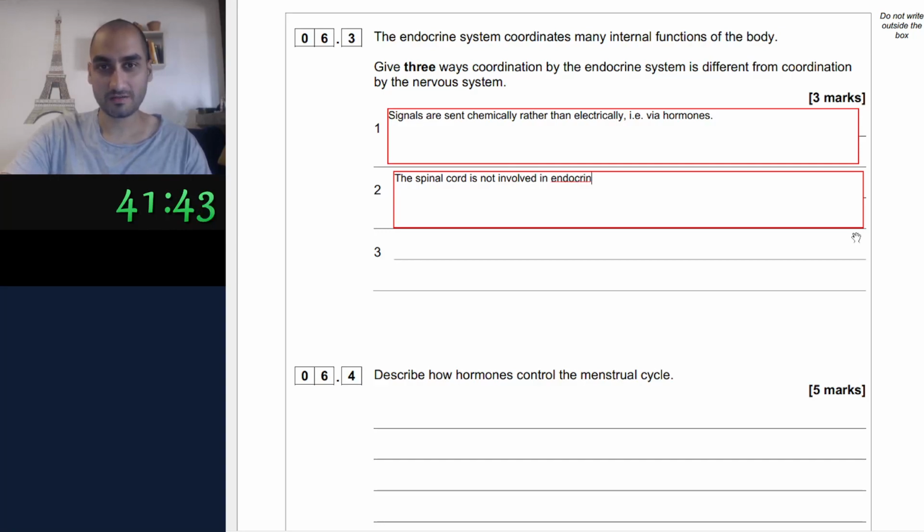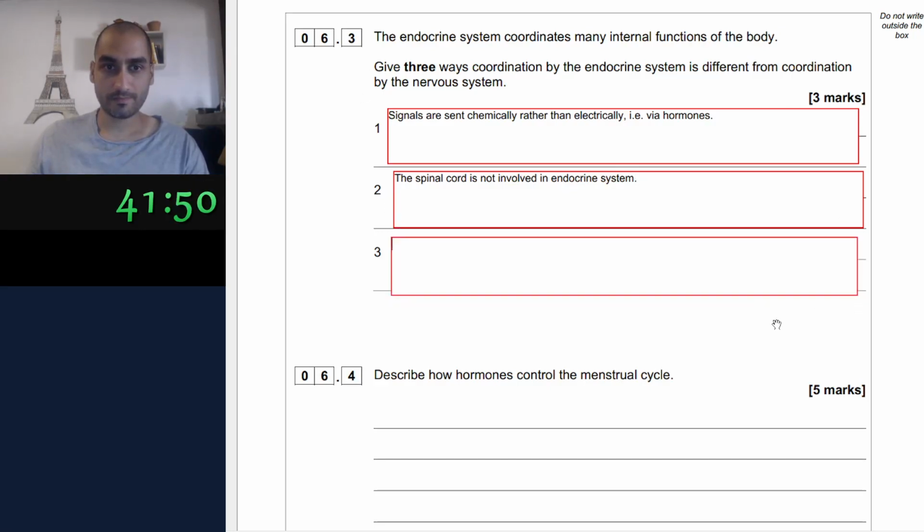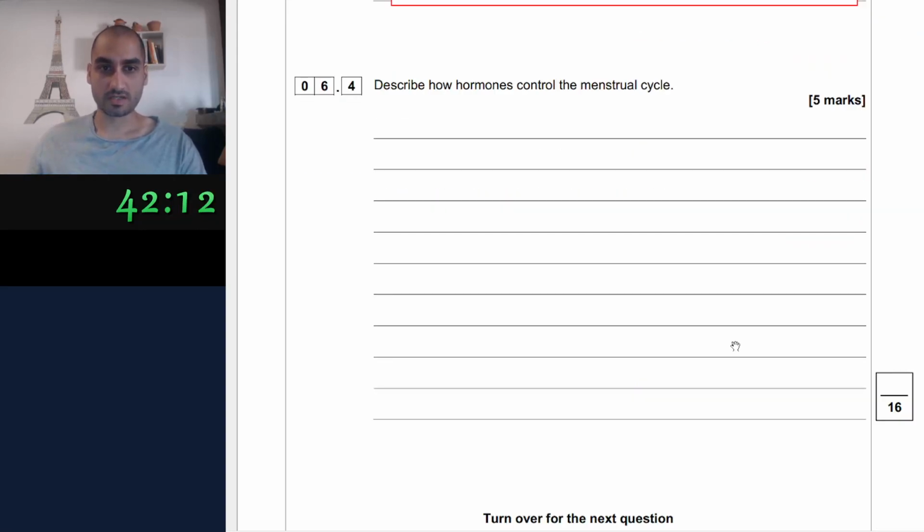Maybe? Coordination by the endocrine system is slower than that of the nervous system. I'm just guessing here. Alright, describe how hormones control the menstrual cycle.